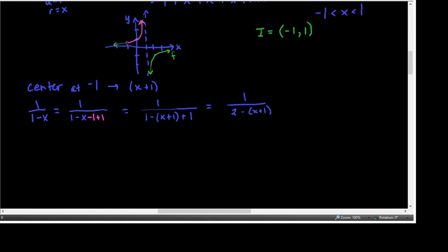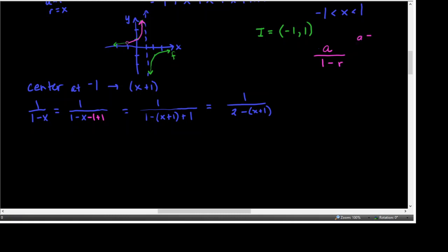So far I've done a good job rewriting that almost in the form I need. It's definitely such that I know the center is at x plus 1. Now, keeping in mind all the time, you need to keep this in your focus. Whoops. Let me erase that. We need a constant over 1 minus r.